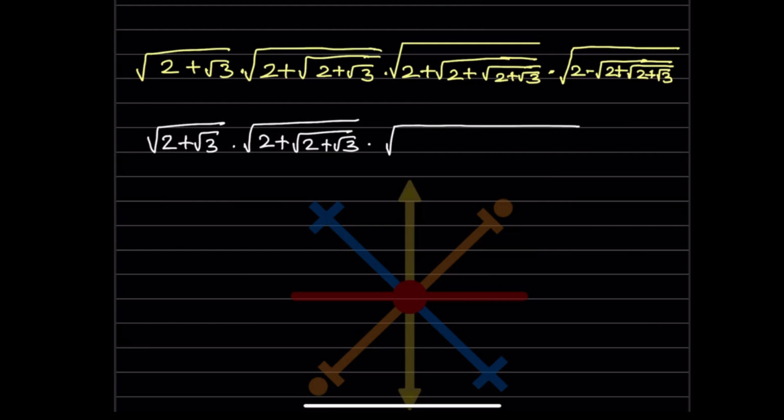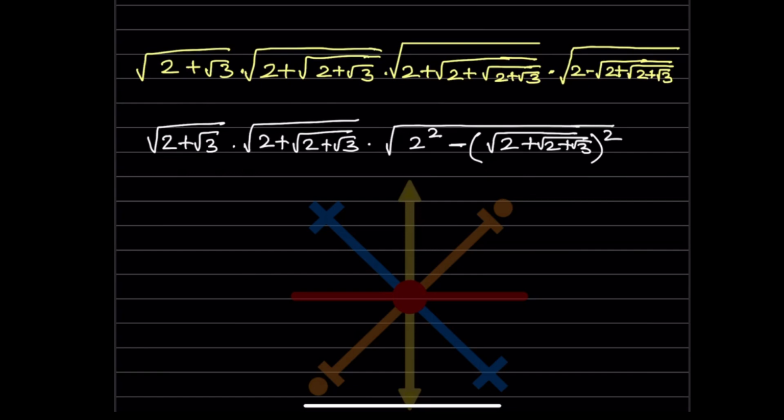So this will be, we have to take the A square means 2 square minus this is going to be B square. So what is that? So this is B square.